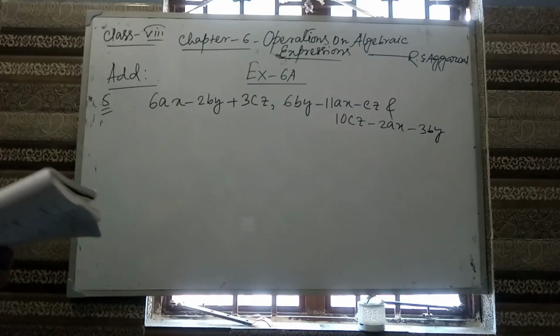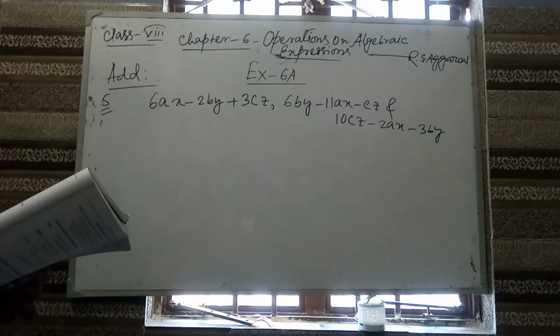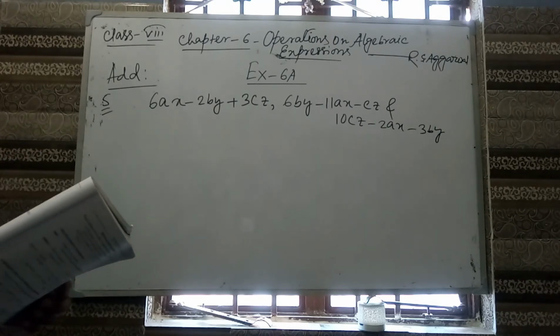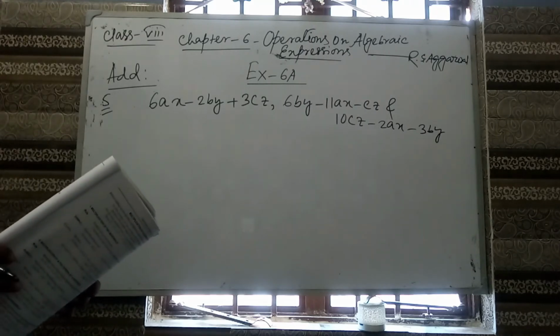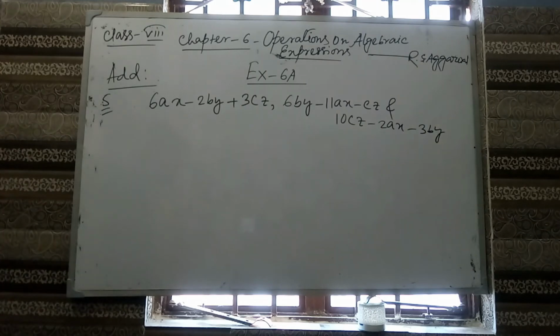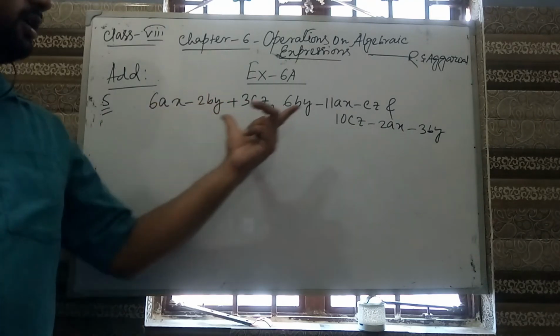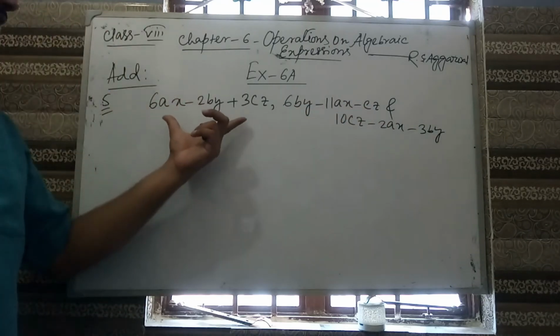Okay, let us check it. 6AX minus 2BY plus 3CZ, then 6BY minus 11AX minus CZ, plus 10CZ minus 2AX minus 3BY. Okay, now look, this is the first, second and third algebraic expressions.